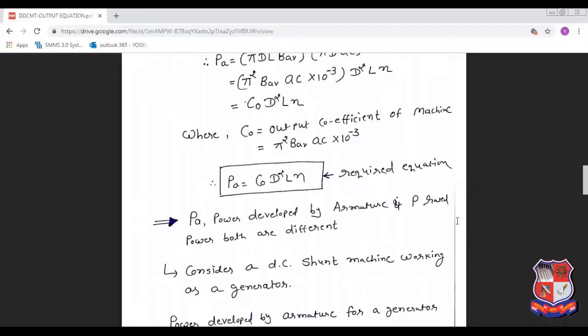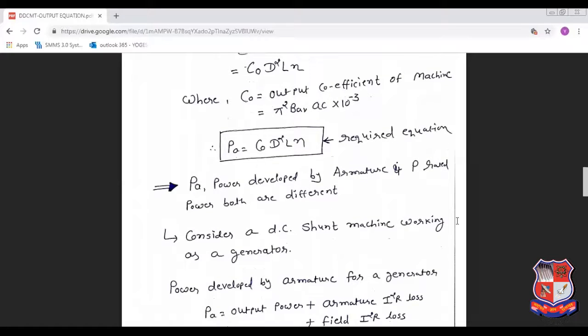Or, if two machines rotate at the same speed, but one machine has large dimensions and the second is small, the large machine develops larger output power. And also, for the same output power, if we increase the speed of the machine or increase the specific loading, then the size of the machine is reduced, that is, D square L is reduced.